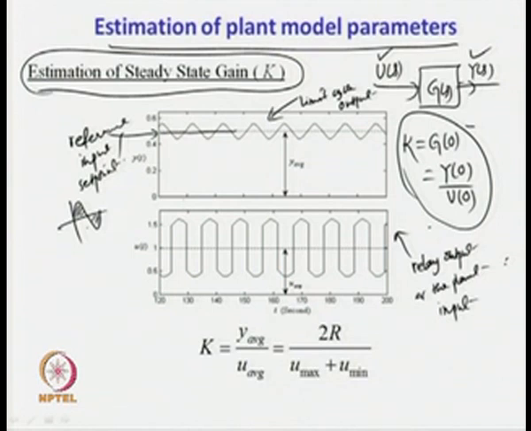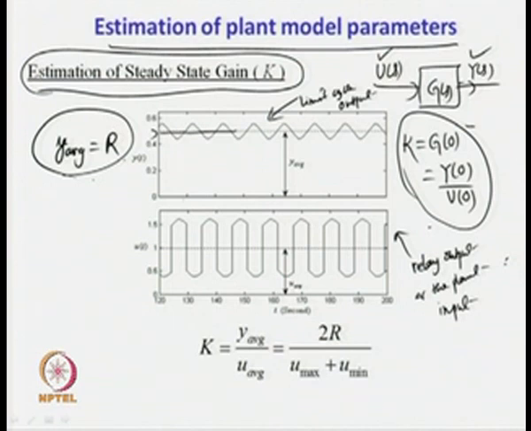Therefore, the area contribution by the limit cycle output during one cycle will be 0, rendering the average value of the output during the relay experiment equal to the set point or reference value. Okay. So, let us write the average value of the output as the set point value or the reference.